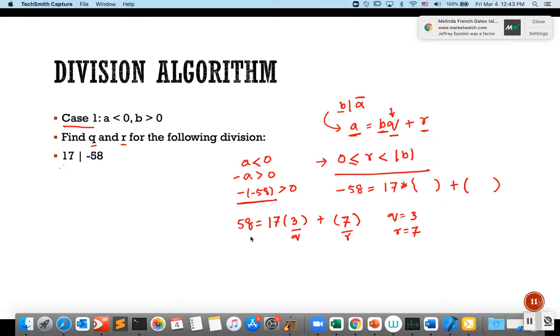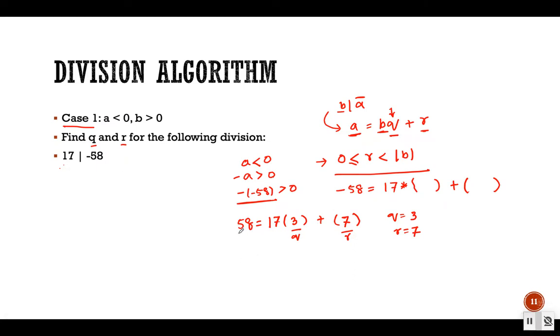Now this 58 is actually our minus a, because a is minus 58. So we are representing it as minus a equals qb plus r, and we got q equals 3, r equals 7.